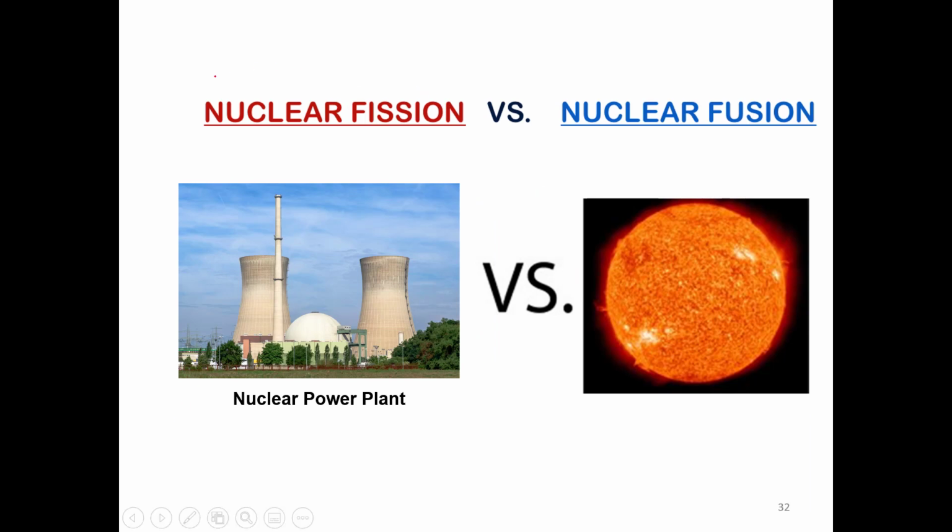Nuclear fission is the kind of nuclear reaction used in nuclear power plants to get energy, and nuclear fusion is the kind of nuclear reaction that happens in the sun, and this is how we get solar energy, because of this nuclear reaction that happens in the sun.